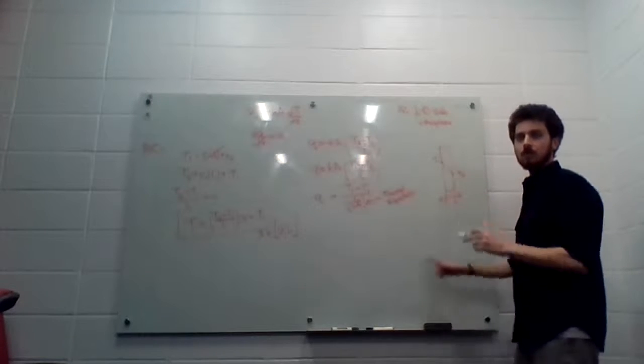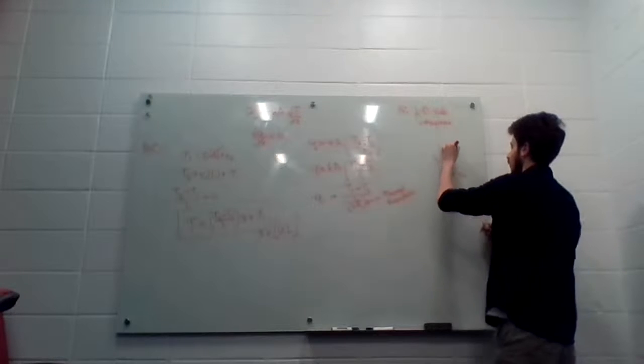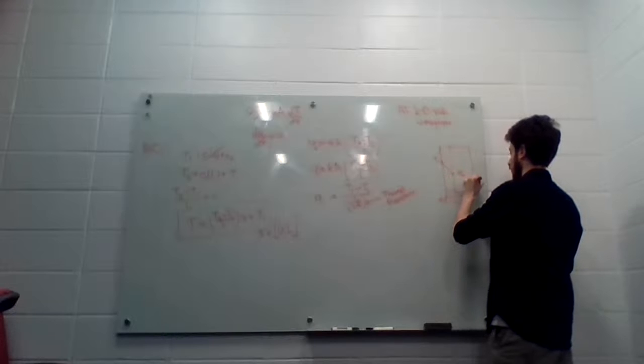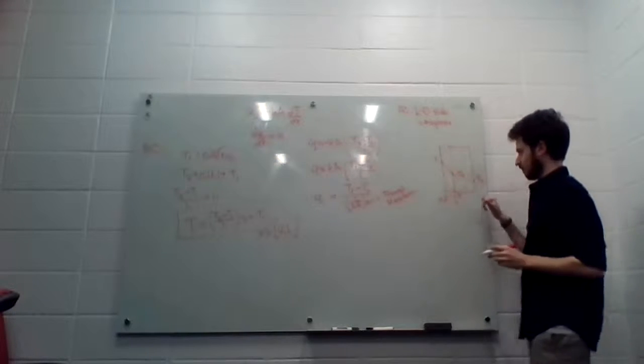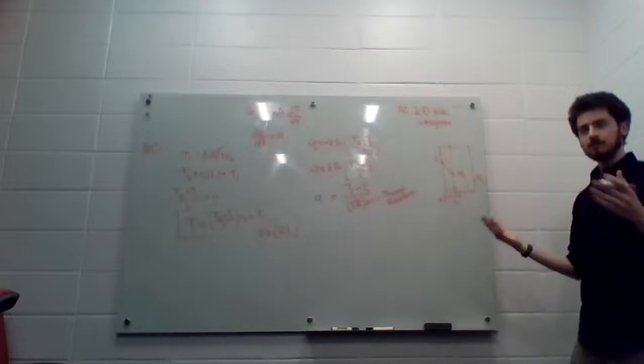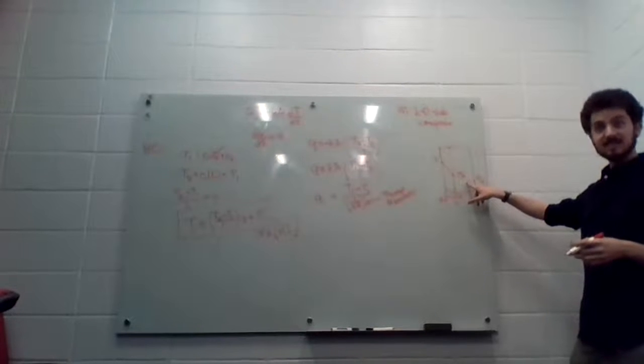This is our example before where we have a single material. We're going to put another material on top of it, and down here it's going to be T3. It's at a different angle because it's a different material, and this one is a little bit less conductive.